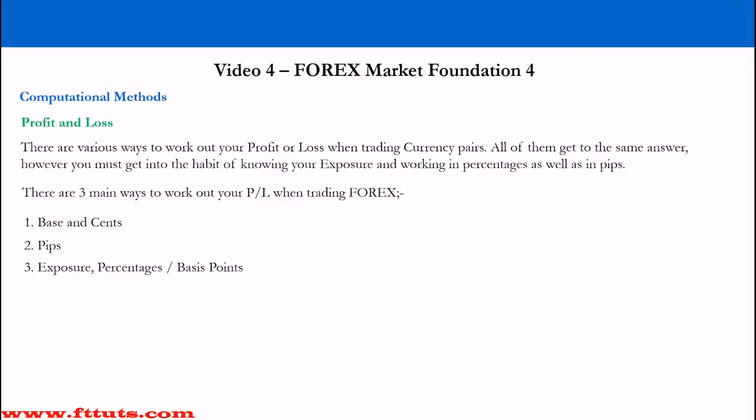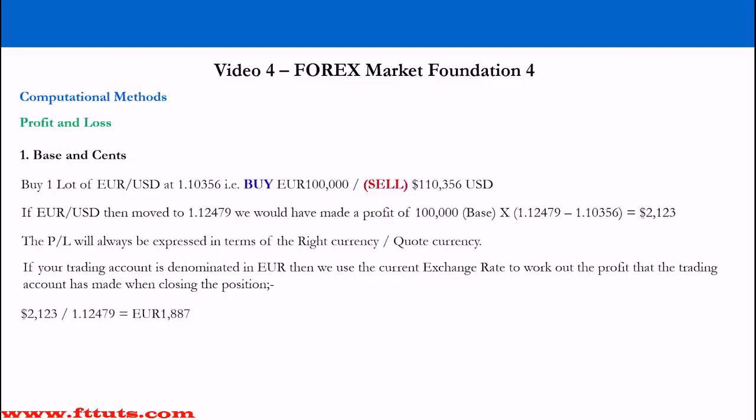There are 3 main ways to work out your P&L when trading Forex. We're going to look at base and cents, pips, and exposure percentages and basis points.